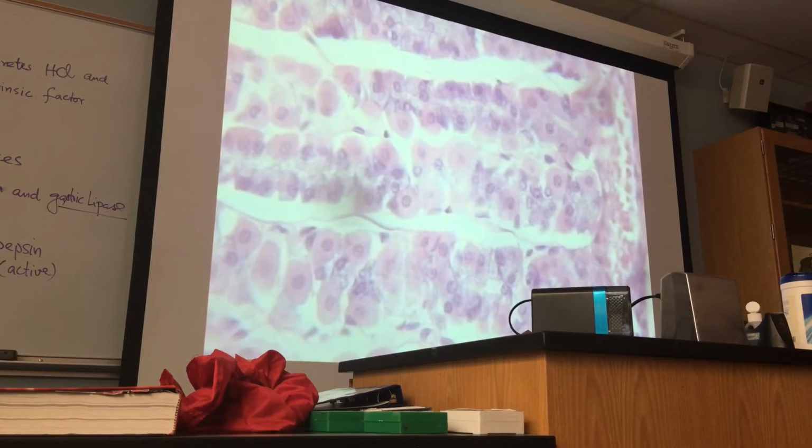Okay? Now, about chief cell, what is the name of the cell? Chief cell. What is the function of the cell as indicated by a pointer? Secretes pepsinogen and gastric lipase. Okay?